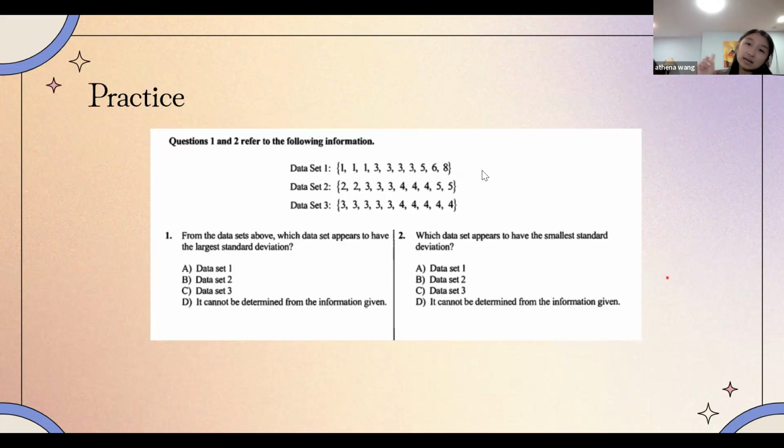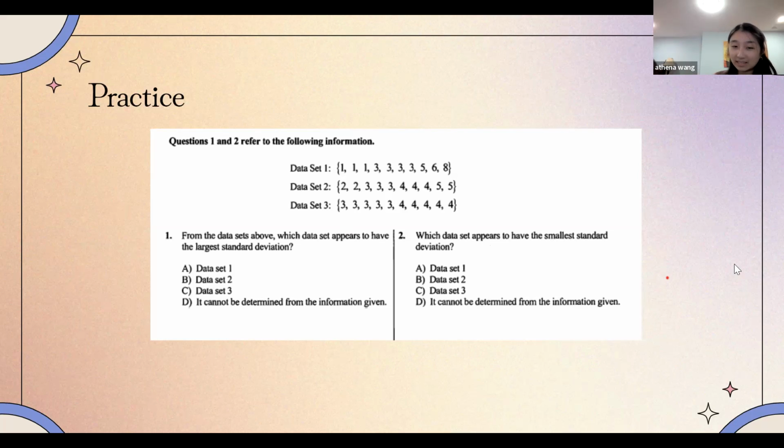There's less of a variation. And this is already all ordered for me. And in data set 3, there's only 3s and 4s. So the set with the largest standard deviation would be data set 1, and the set with the smallest standard deviation is data set 3.